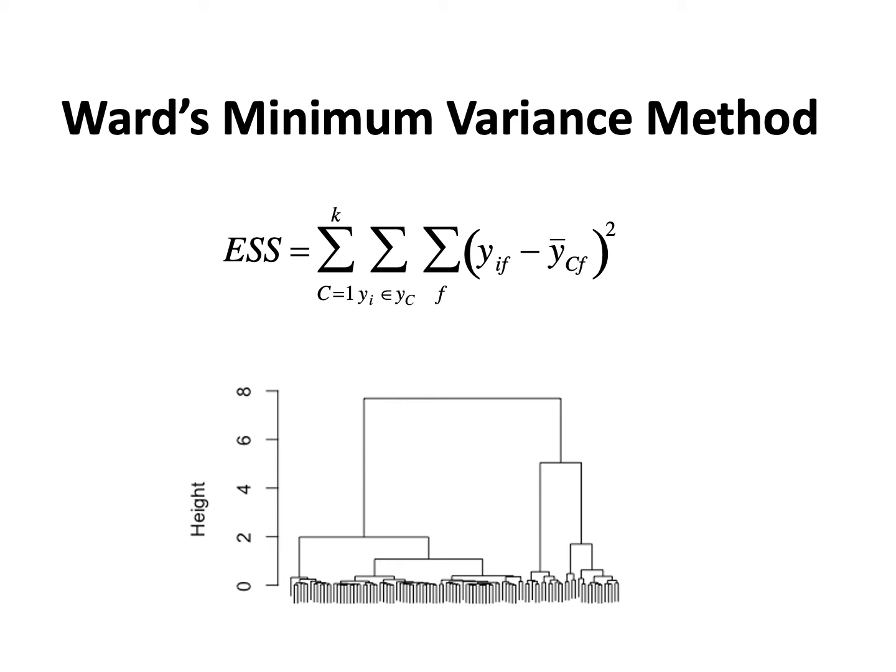That difference is squared, summed over features, and then summed over clusters. It tends to merge small clusters, and it's biased towards creating clusters that have a similar size. And because you've got this squared distance, it can be very susceptible to outliers as well.